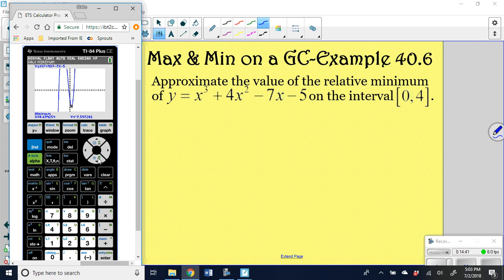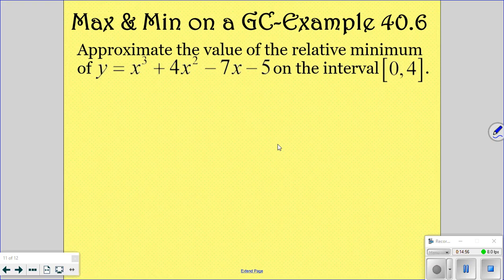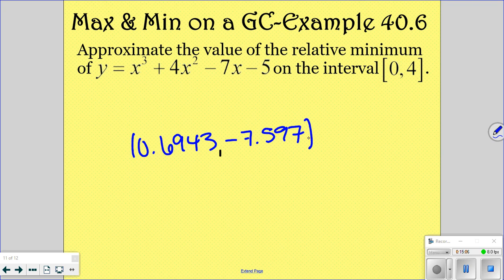And so our minimum occurs at 0.6943 and negative 7.5972. And so there's your minimum point.